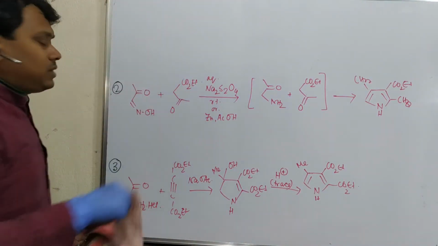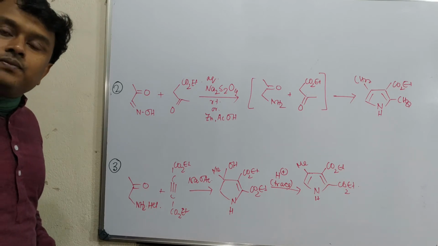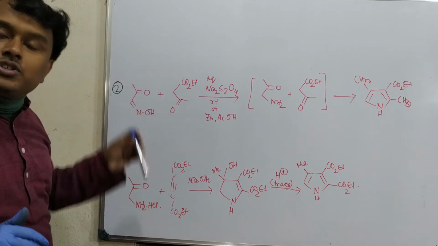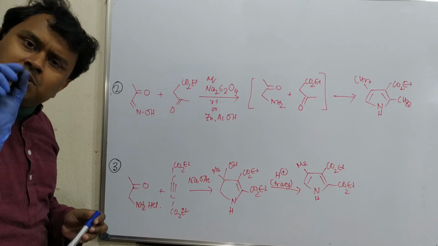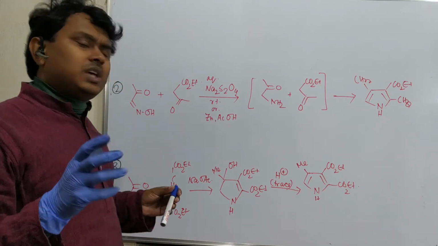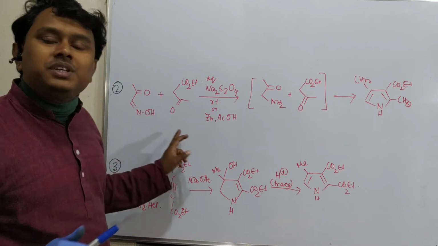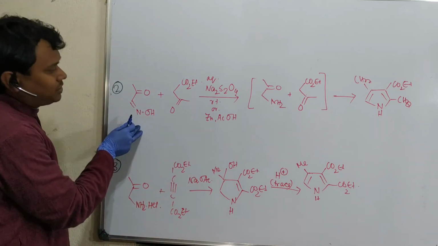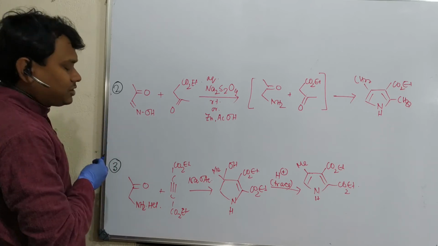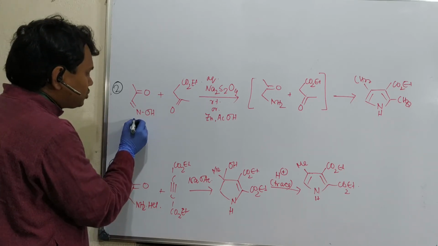Okay, fine. So as I told, if first of all you have taken the hydrochloride salt, there is still a minimum chance of self-condensation, so that could be done with a pre-amine, and this is an example of a pre-amine. But you can see this is a nitroso derivative. Okay, so how is this nitroso generated?